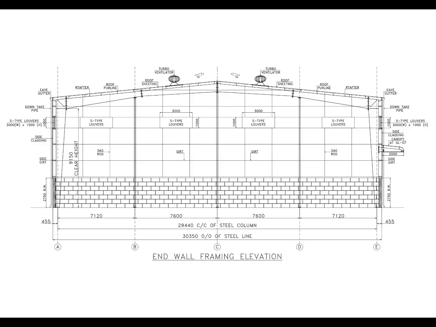For example, an end wall may contain openings such as a rolling shutter or other architectural requirements. In those locations, the regular framing arrangement may need to coordinate around the opening. That is why we should never simply copy a girt arrangement from another project. The actual drawing must always be checked.